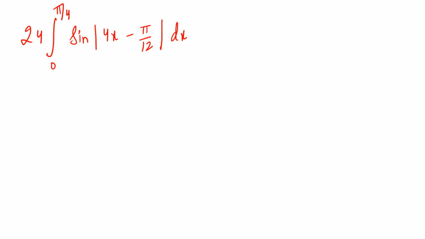And when x is greater than or equal to pi upon 48 and less than pi by 4, then sine of mod of (4x minus pi upon 12) is just equal to sine of (4x minus pi upon 12).